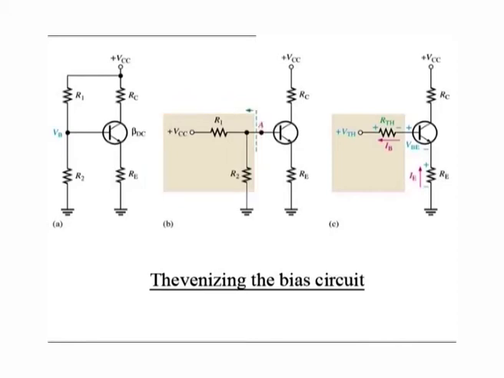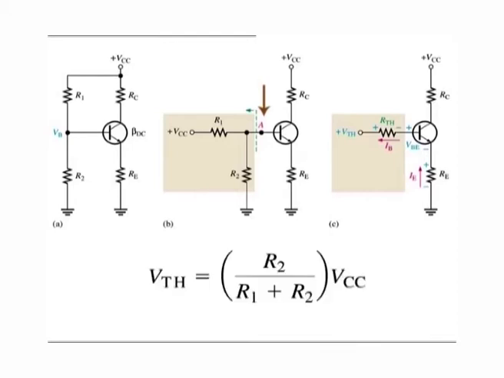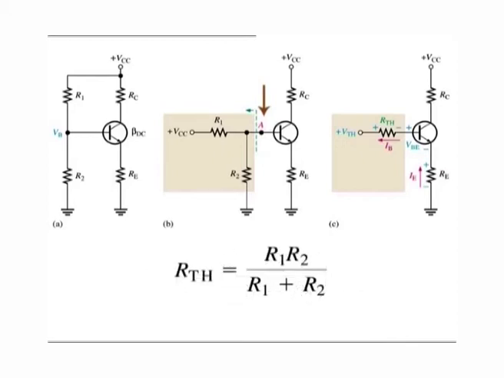The voltage at point A with respect to ground is given by this equation, and the resistance is given by this equation. The Thevenin equivalent of the bias circuit connected to the transistor base is shown in part C of the figure.